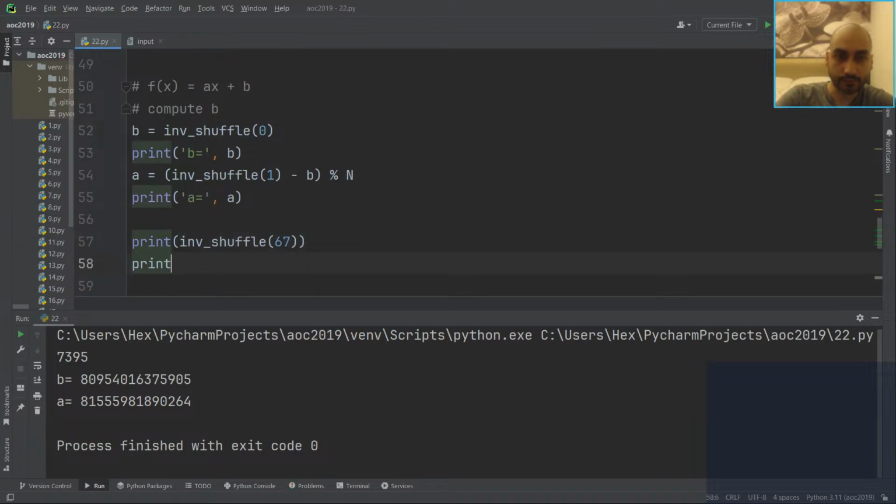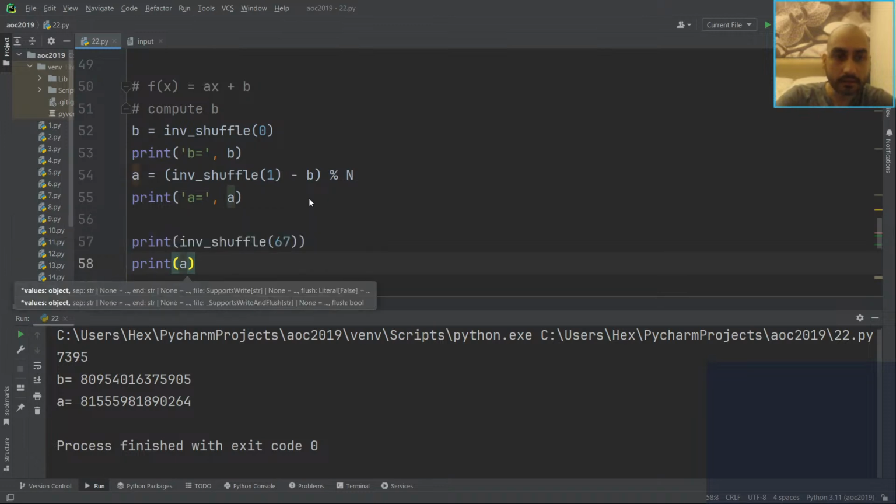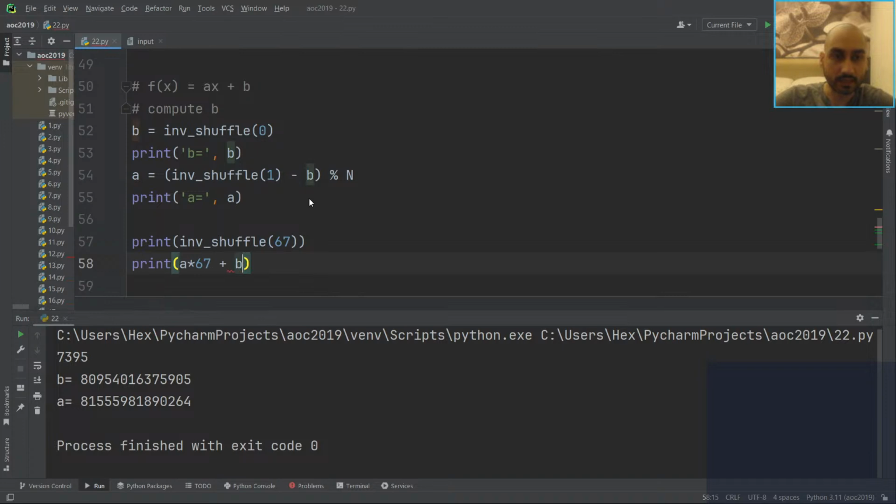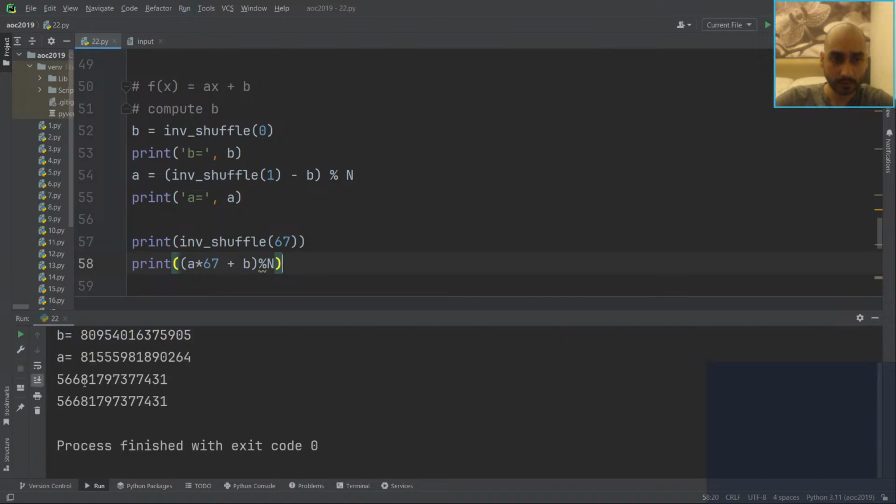And print A times 67 plus B mod. Well, you don't really need to do the mod, but we can do it. And they should be the same. But you do need to do the mod, sorry. Yes! Okay, we're getting somewhere.